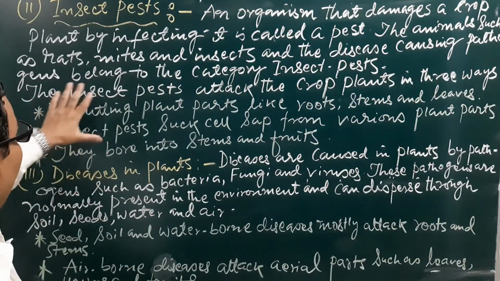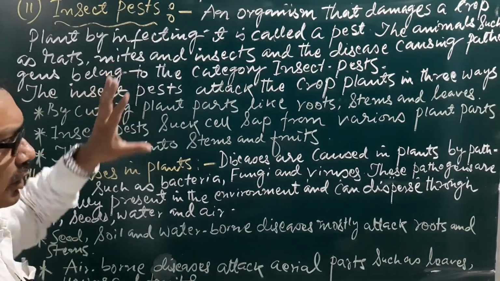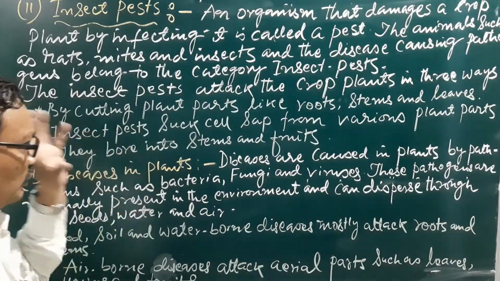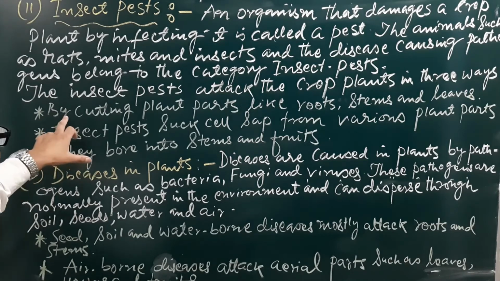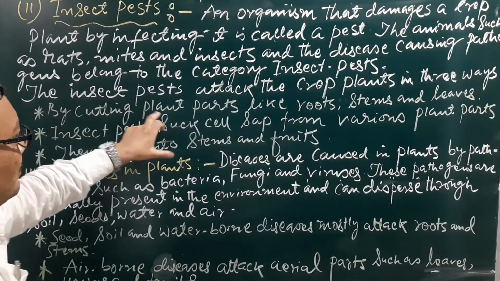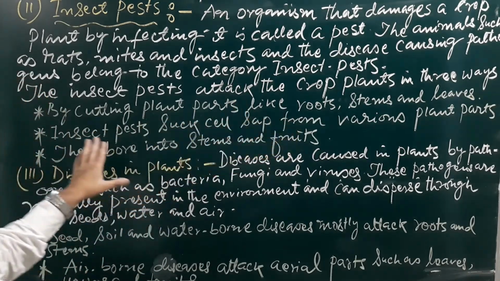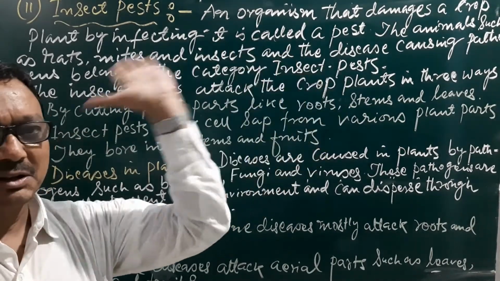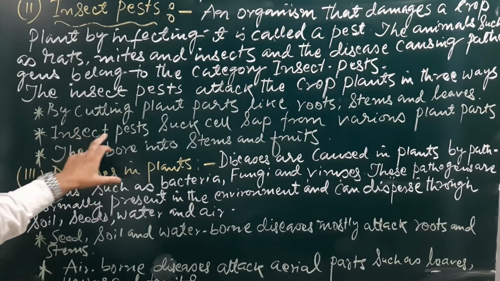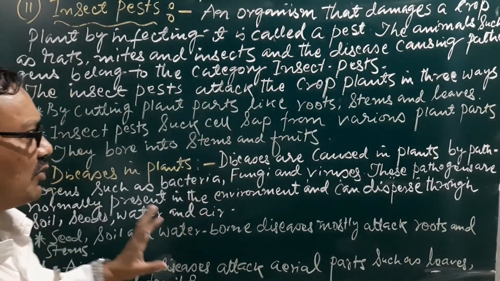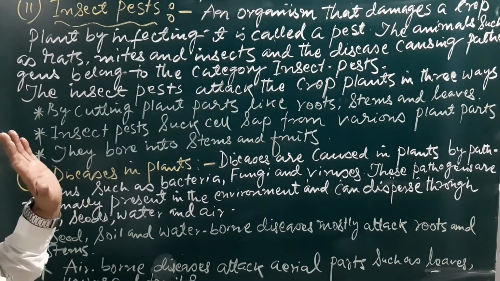Now here, how does this pest attack the crop and how can they damage the plant parts? Number one, by cutting plant parts like roots, stems and leaves. That means the vegetative parts are destroyed. The second important, insect pests suck cell sap from various plant parts.